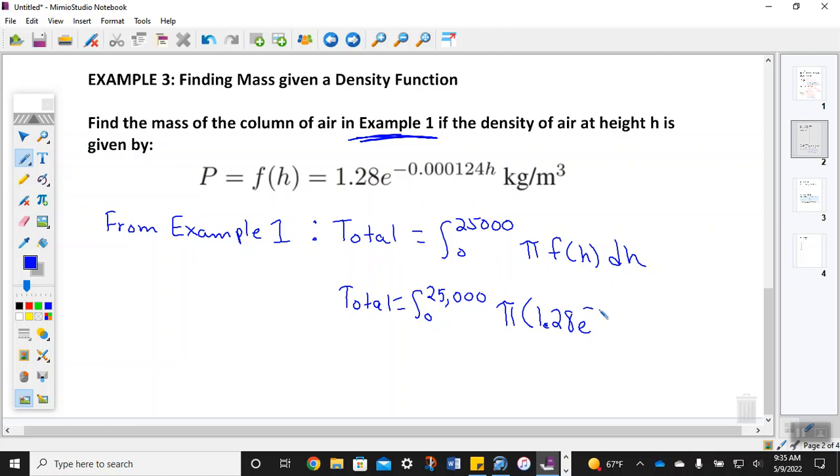Yeah. 0.000124h, and then delta h, which would be dh.